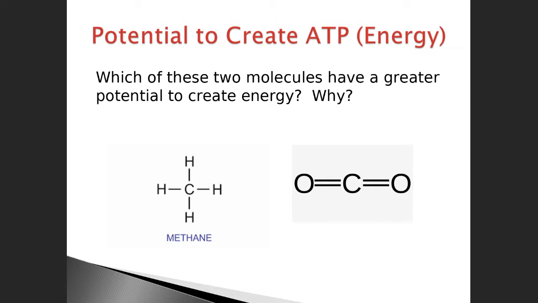Look at you, Miss Cheska. It is methane because it has all of these. The most important thing in cellular respiration is the liberation of hydrogen and their corresponding electrons, because that is what the cell uses to create energy, and energy is ATP.